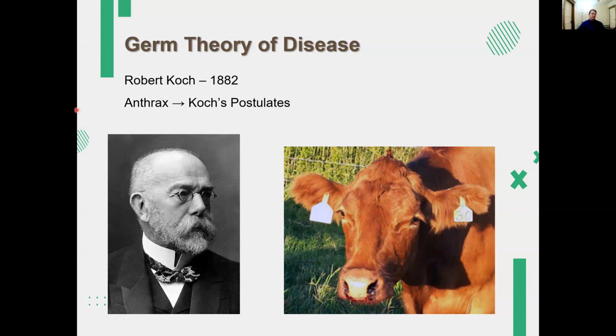His work then led to the rejection of spontaneous generation and supported the formulation of the germ theory of disease. He was also responsible for formulating Koch's postulates, really important, we'll get to that in a second.